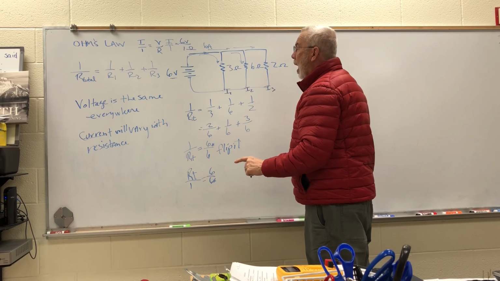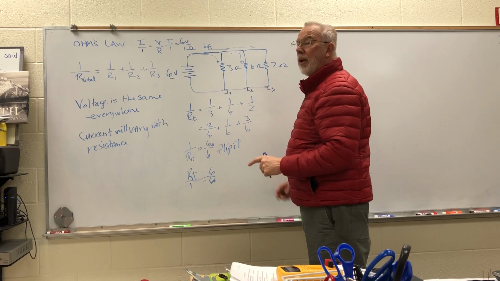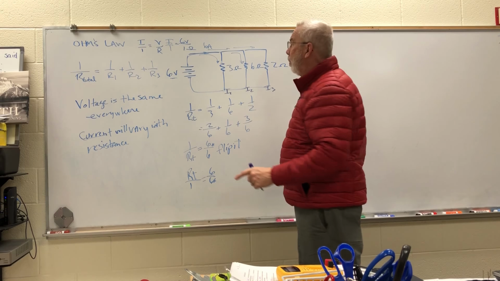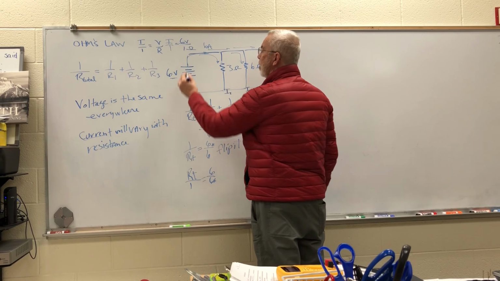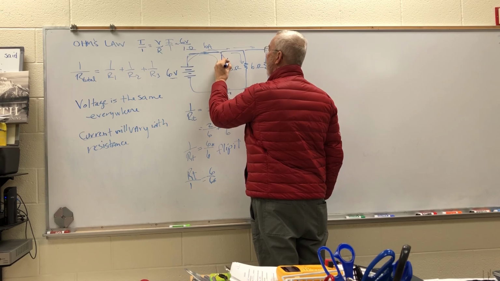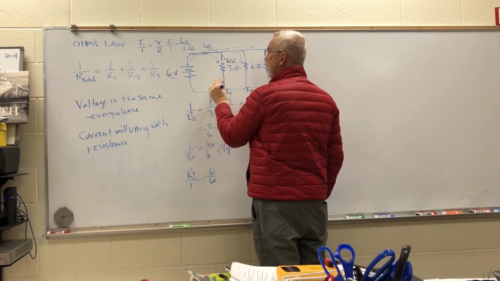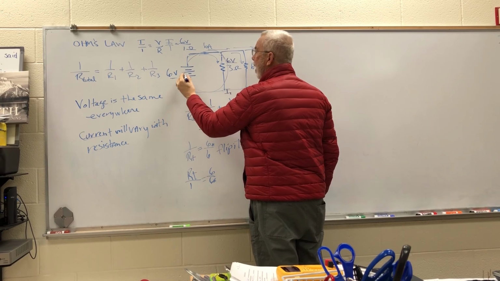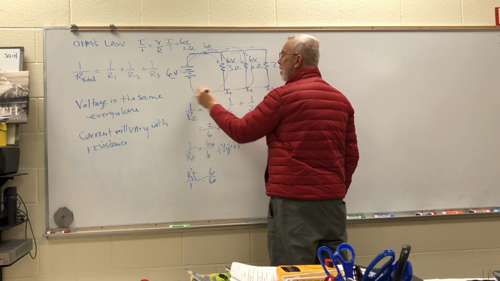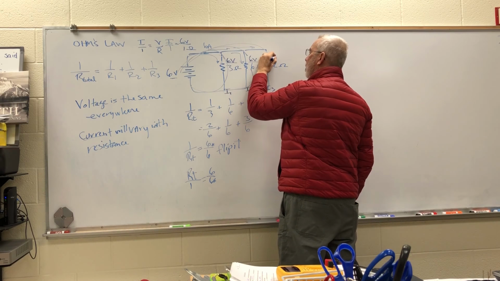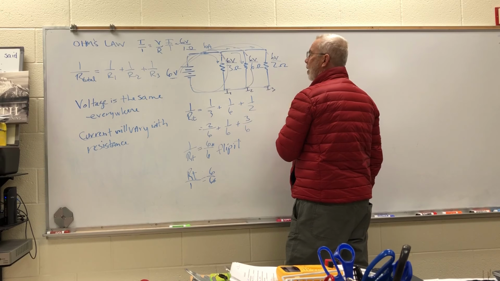And so I have something that I call the loop rule. The loop rule says that each loop gets the same voltage. So we're going to say this loop gets 6 volts right here. And then this loop gets 6 volts. And then this loop also gets 6 volts.